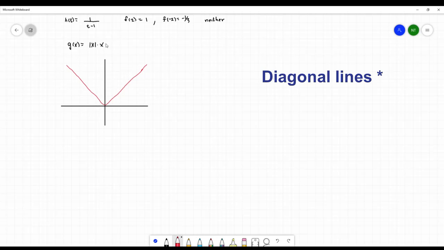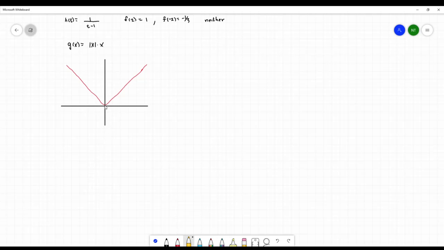And then the x, if I'm going to graph that, looks like this.